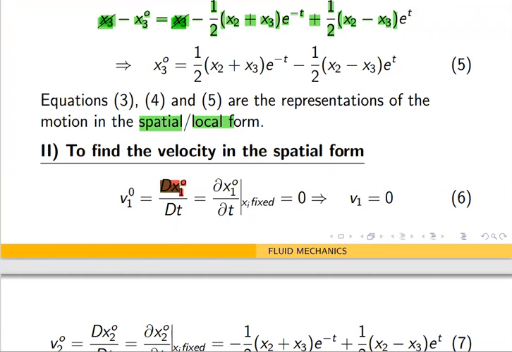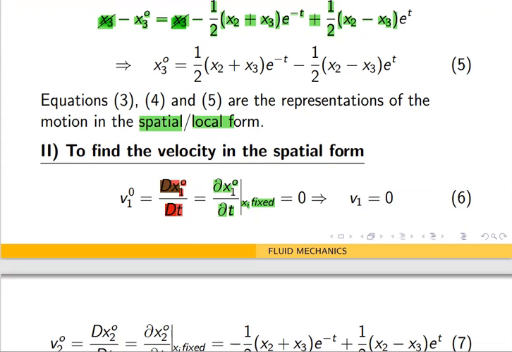The correct one is this. So dou x1 naught by dou t, what is fixed? xi is fixed. That is v1 naught, the first component of the velocity in spatial form.